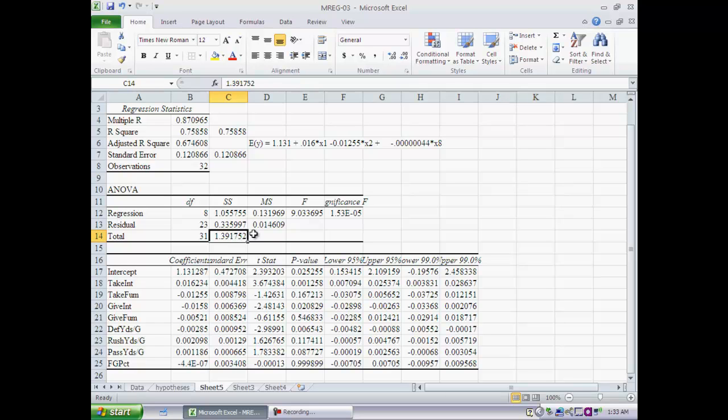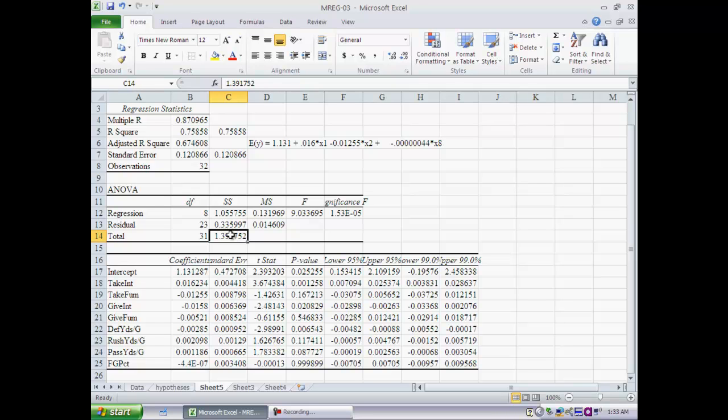The sum of squares for the regression, this 1.055, if you draw an analogy from what we said when we were discussing simple linear regression, is the variability of the predicted values of the dependent variable.